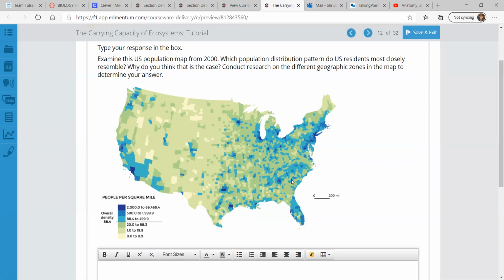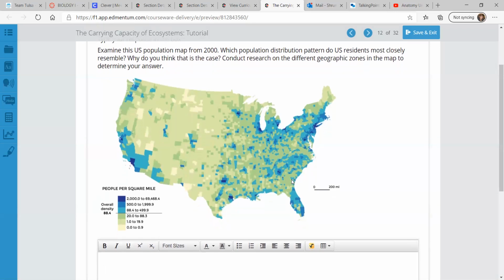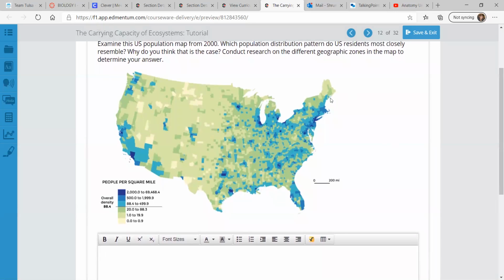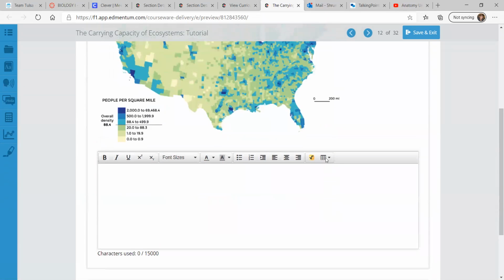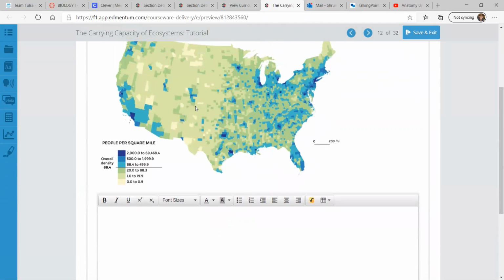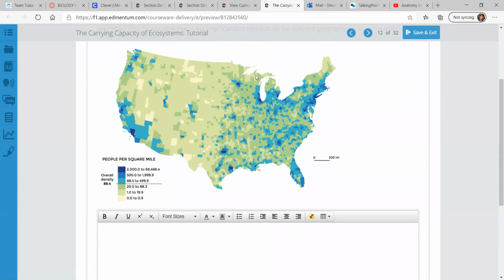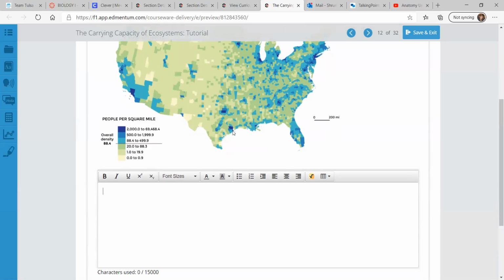To me, depending on the region you're looking at, it's clumped. So it's not random. You do see clumps of lots of population, and it's usually by water, but you do have some more inland too.